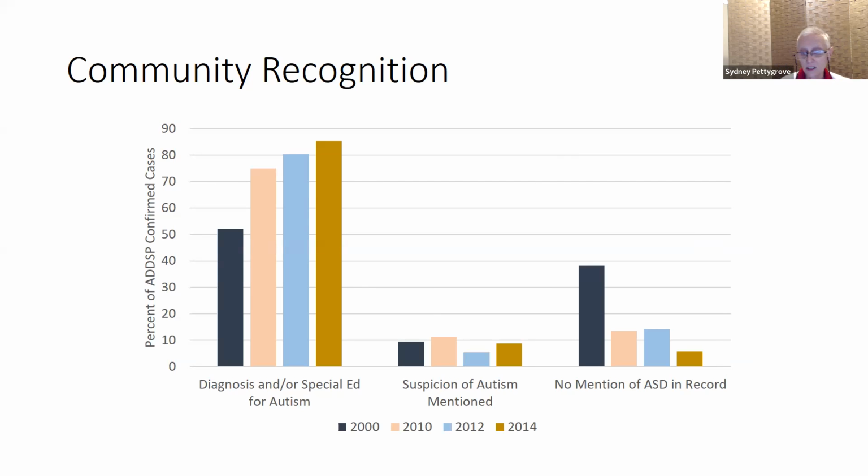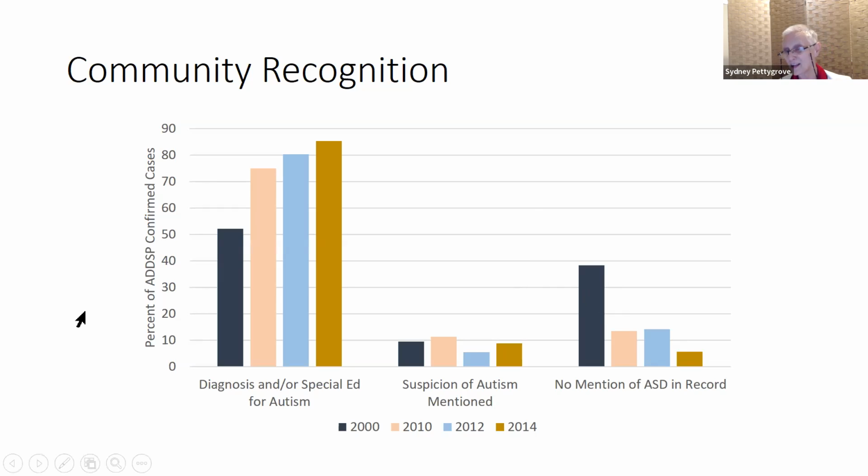The suspicion category has fluctuated somewhat, but it's more or less around 10% or less. But you can see the no mention category is really where we had a lot of change. We went from 37% of kids in the first year to about 6% in 2014.